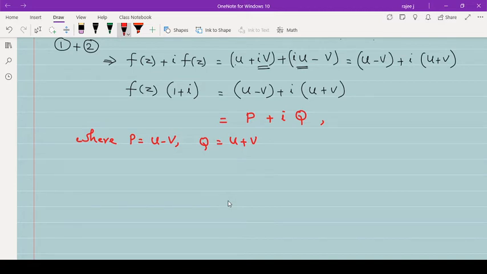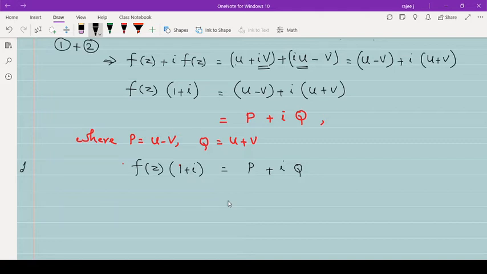So what we are going to do here: f(z) times (1 plus i) is equal to p plus iq, where p is u minus v and q is u plus v. Now I am differentiating this with respect to x.